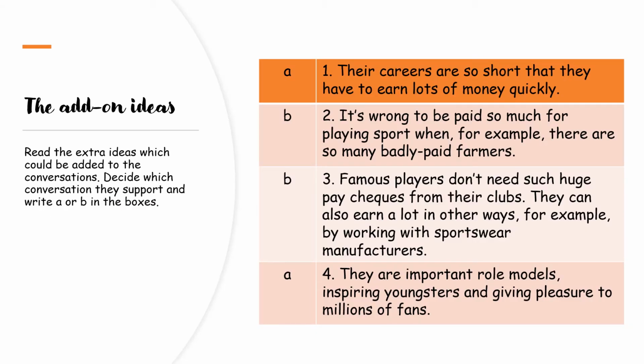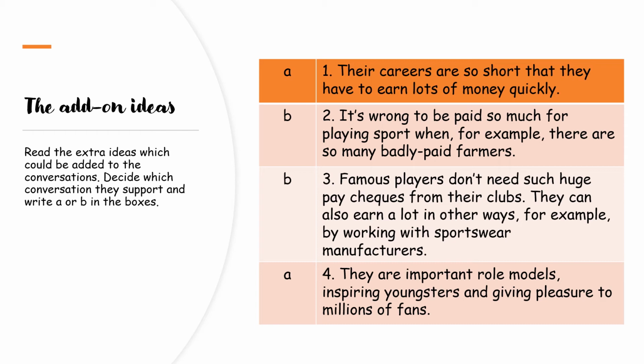Now let's look at the add-on ideas that you are supposed to add on in Note 3, where you have to add on your own ideas. You are to read the extra ideas which could be added to the conversations. Decide which conversation they support and write A or B in the boxes.